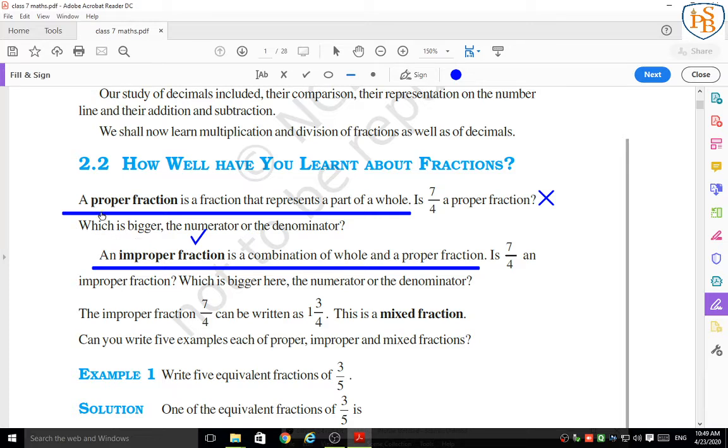Look here carefully. In a proper fraction, the denominator should always be bigger, and in an improper fraction, the numerator should always be bigger. So which is bigger here? The numerator is bigger. So because of that reason, 7/4 is an improper fraction.